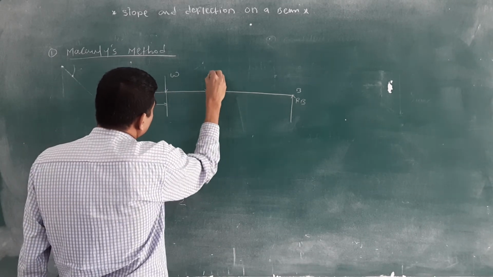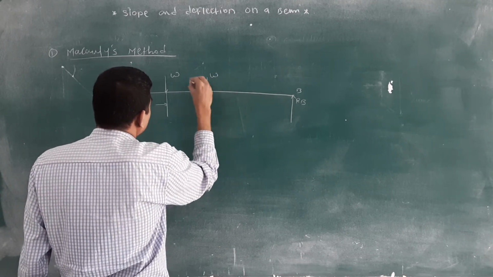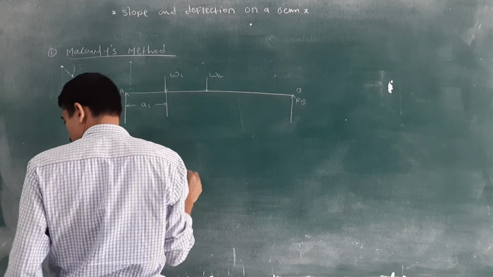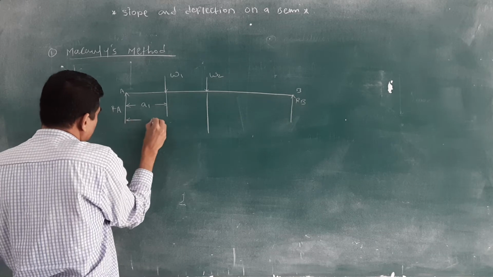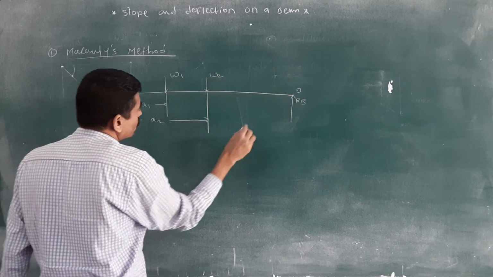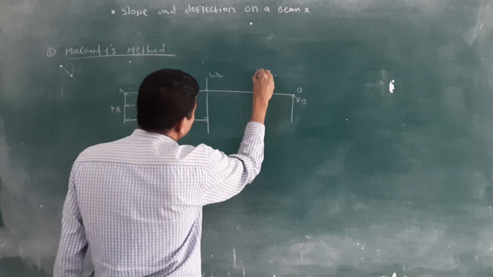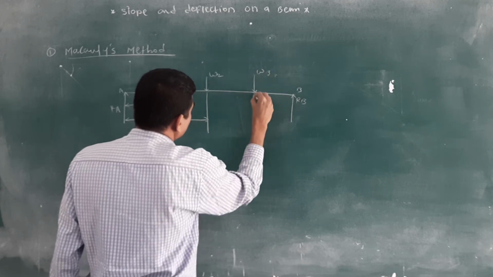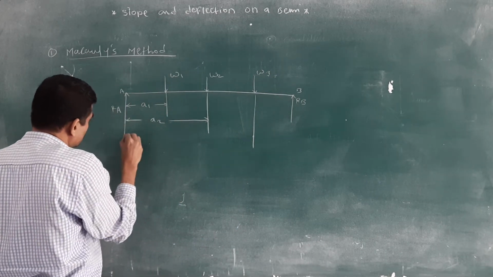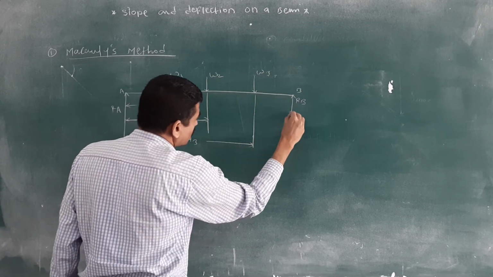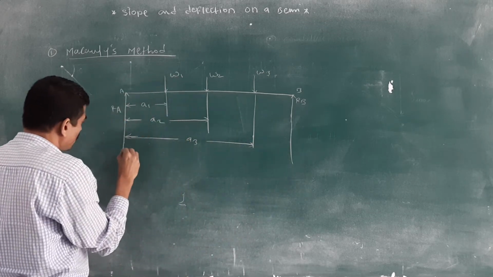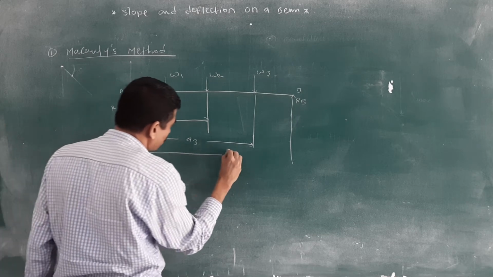Then W2 at distance A2, and here is W3 at distance A3. The total span of the beam I will consider as L.